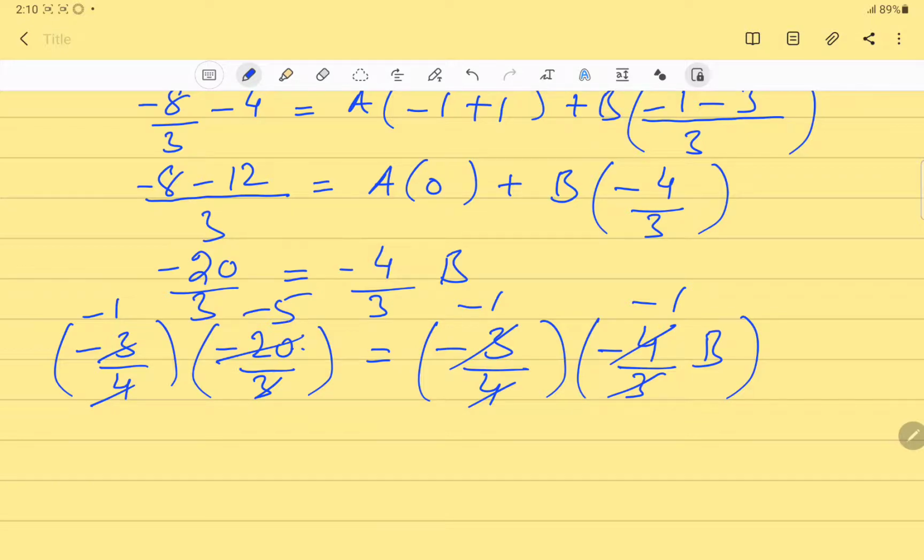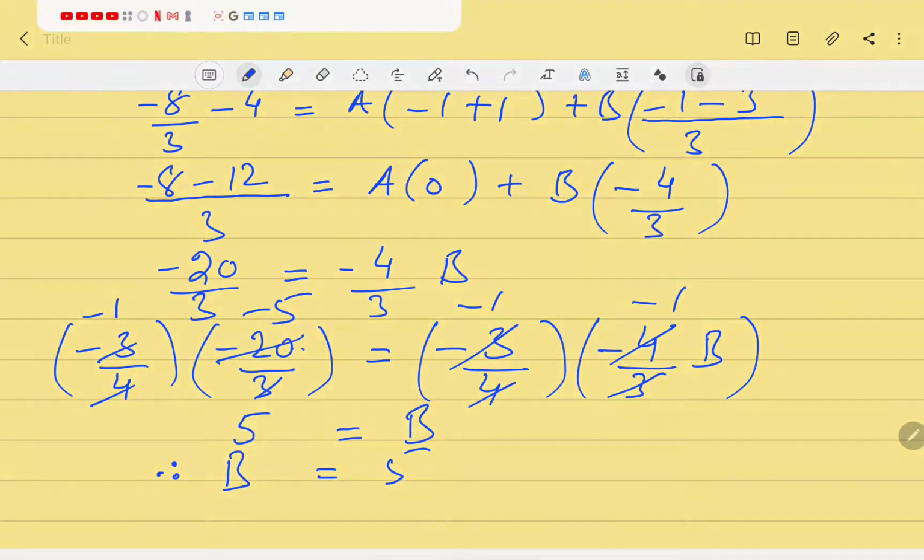So minus 5 multiplied by minus 1 is equal to 5, and minus 1 multiplied by minus 1 is 1b, so we don't write 1 with any constant or value, we will write simply b. So our b is equal to 5.